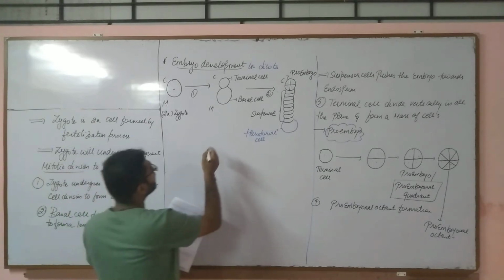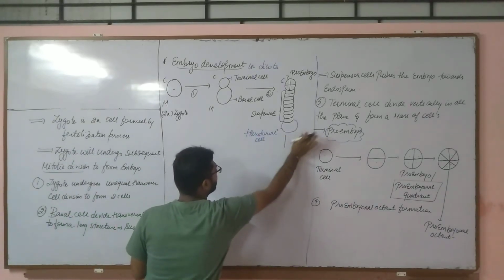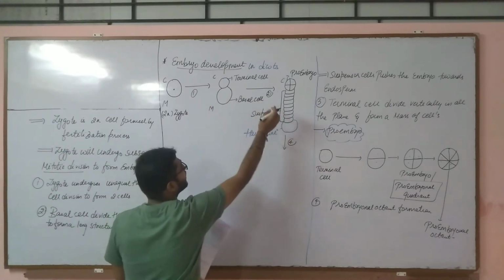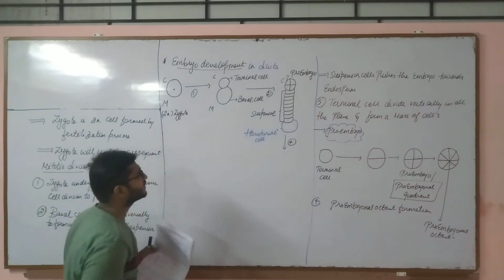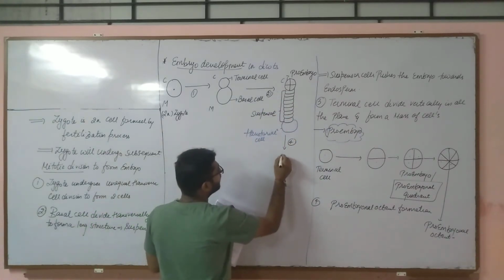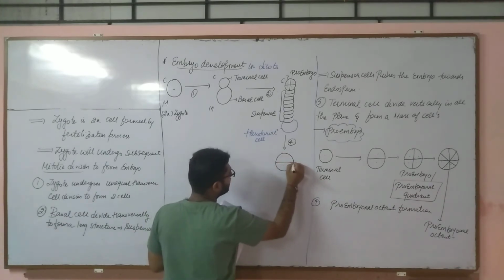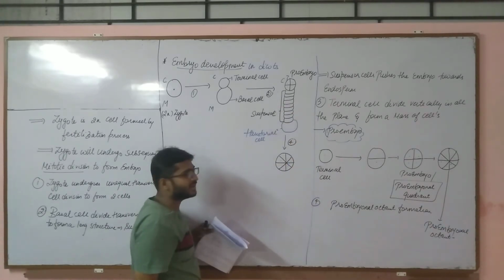So let us draw the third structure, that is the fourth step. So this is the first, second, third step, and now the fourth step will come. So this is the pro-embryonal octet, 4, 5, 6, 7. And the remaining structure will remain as it is.